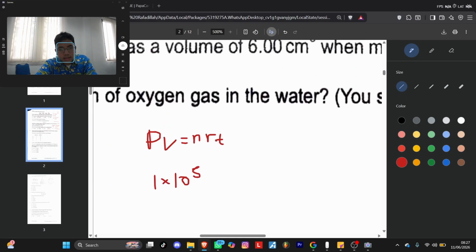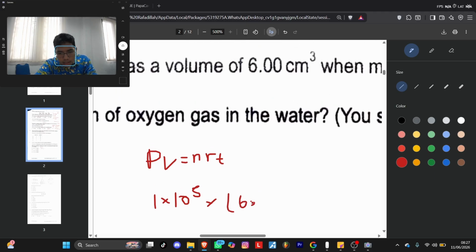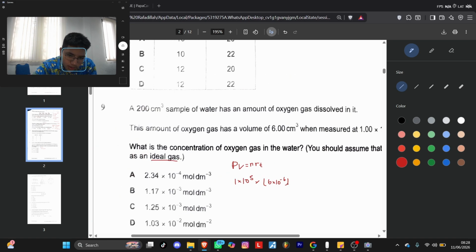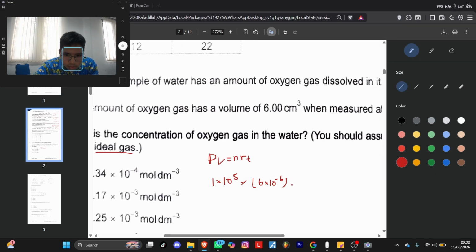We just multiply it by 6 times 10 to the power of negative 6. Okay, and then we don't know the mole, so we skip that.